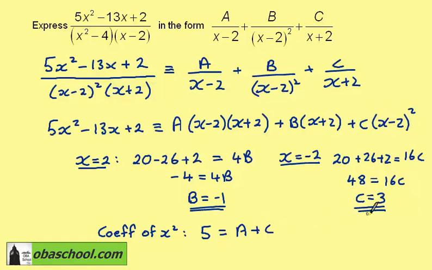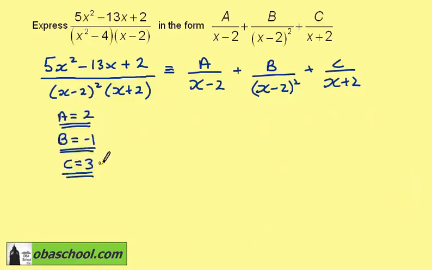We already know that c is equal to 3, and therefore a must be equal to 2. So we now have the values of a, b and c, and all we need to do is substitute back in order to get our final answer.